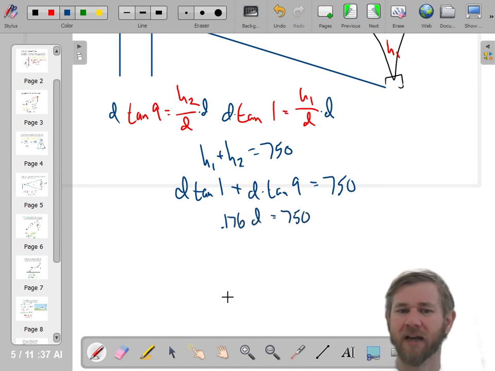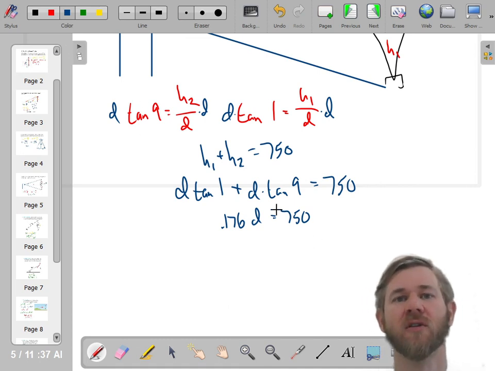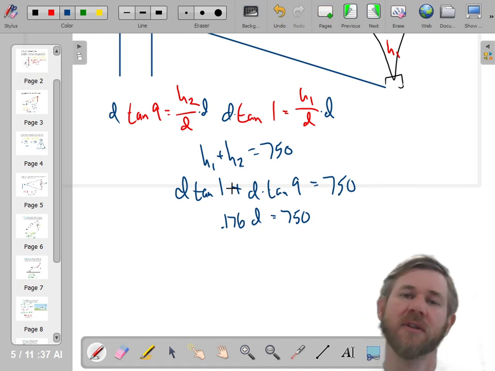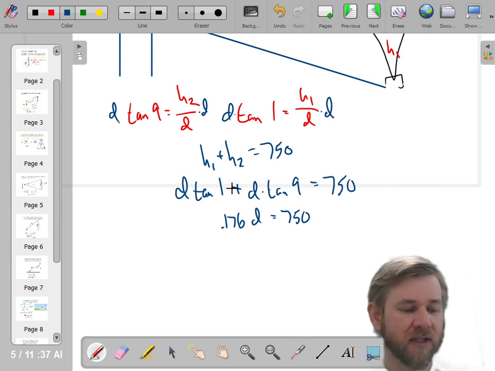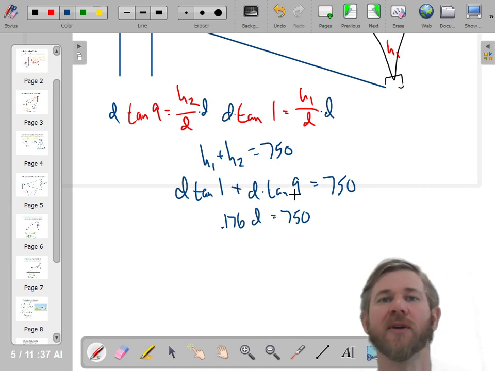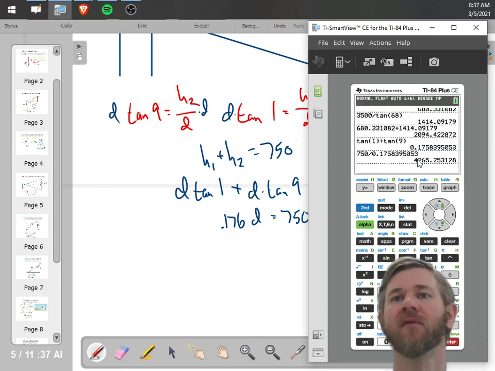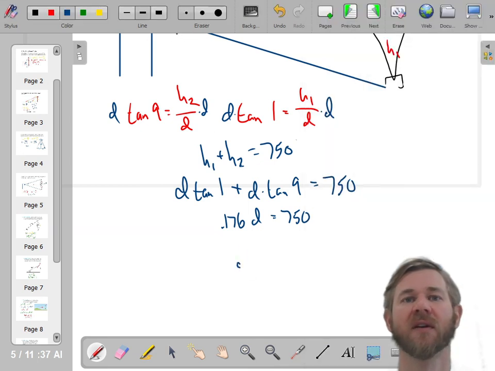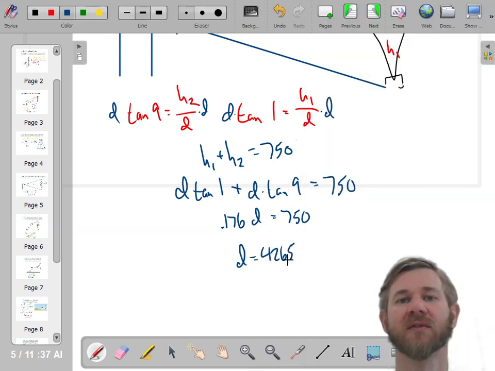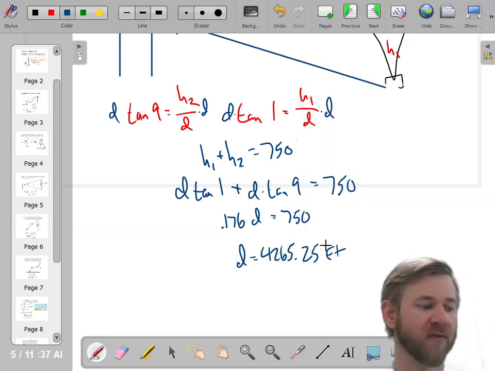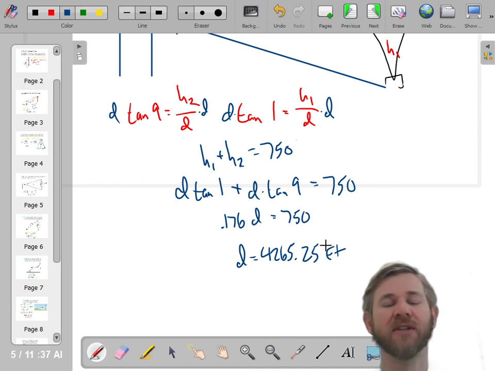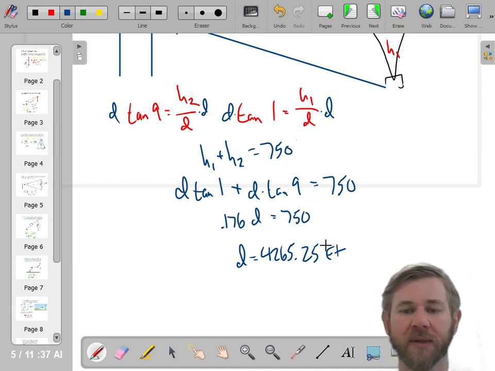I'm just writing that to help you see the last step to solve for this. Since you're multiplying by D, you would divide. 750 divided by that decimal. 750 divided by this guy. And I get 4265.25 feet. So we're about 4,200 feet from the WLW tower.